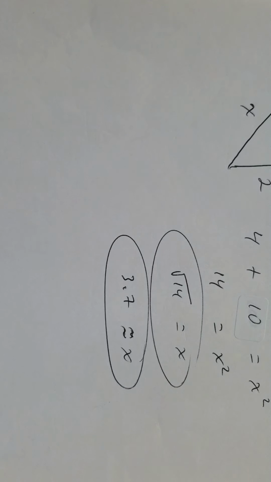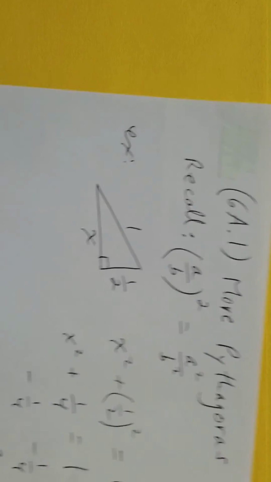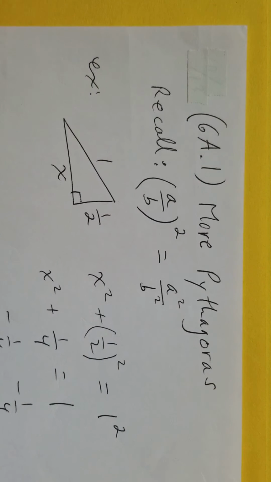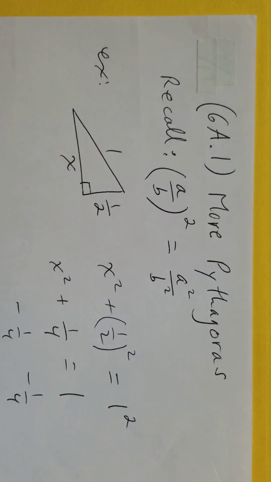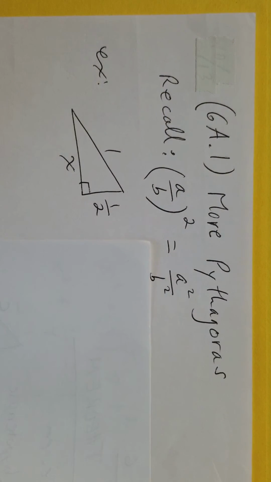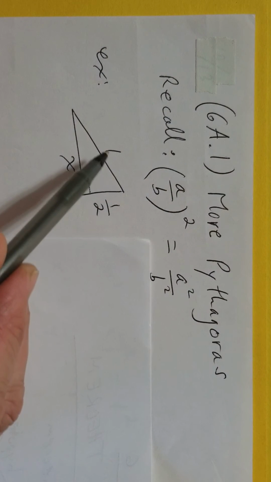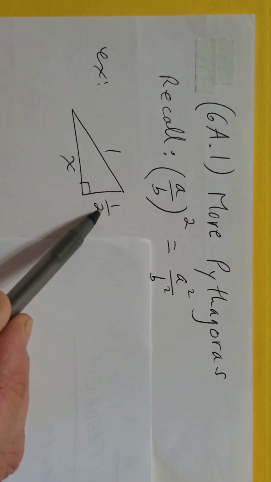Okay, let's look at this. It's very short. It says 6A.1, more Pythagoras, but it's very short. Just one more example. In this example, we're going to deal with what if one of the numbers, or both the numbers, is a fraction?